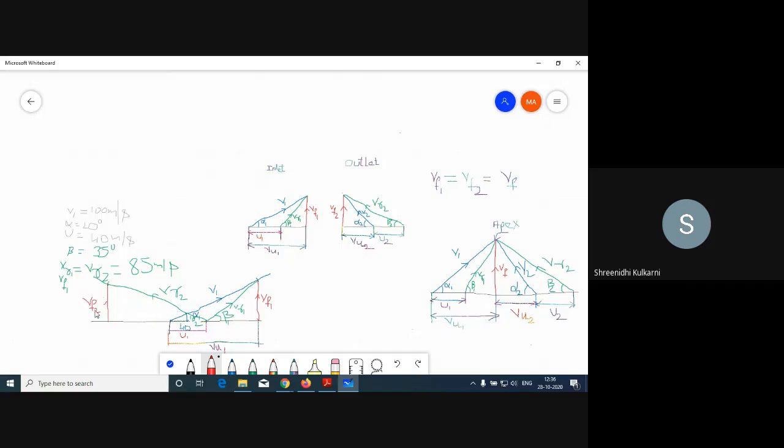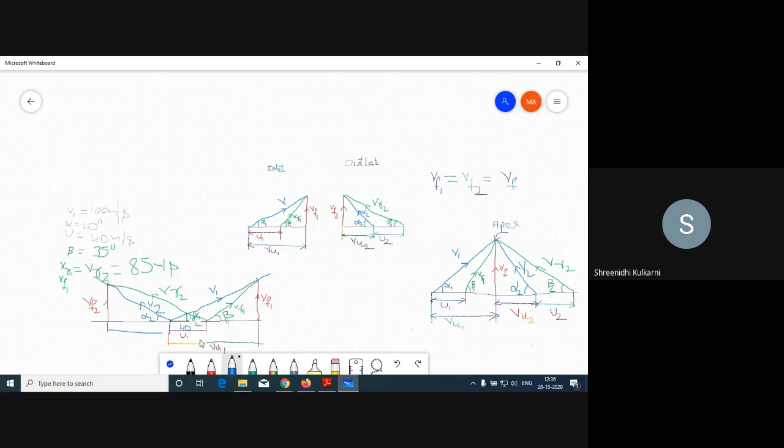Once we know VF2, because this distance and this distance are the same, next we'll join from tip to tip. So now we got V2, and this is alpha 2. Next we have to measure from tip to tip.